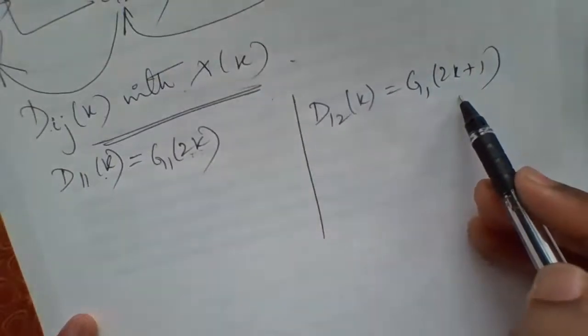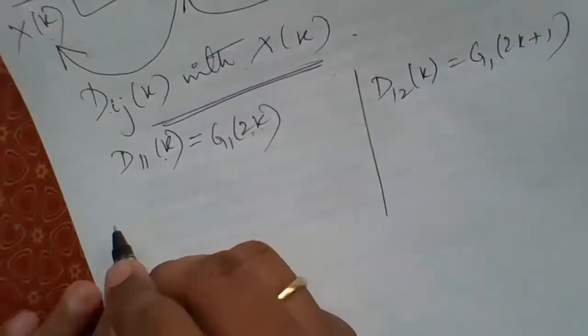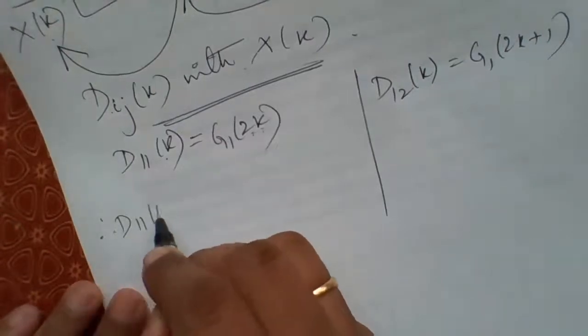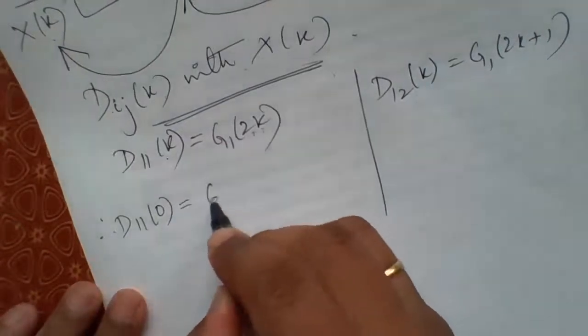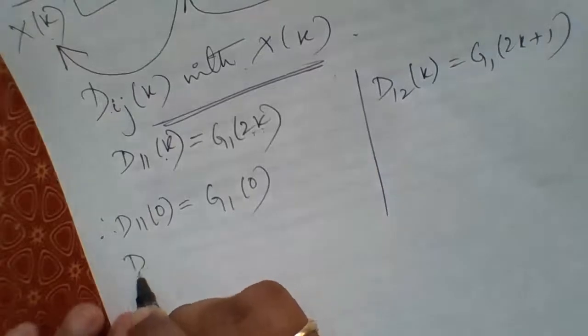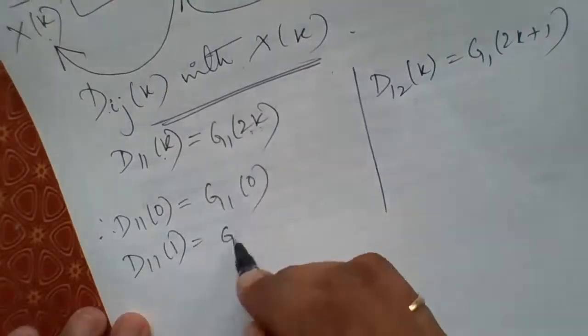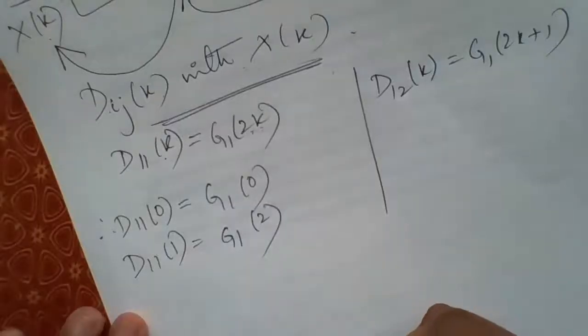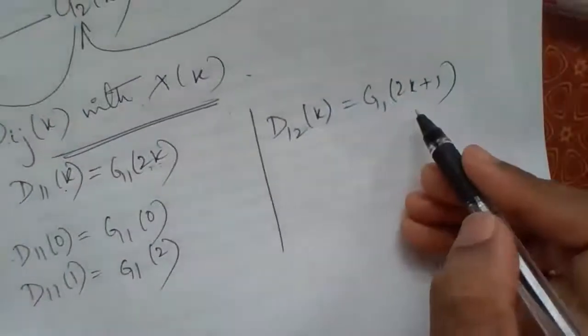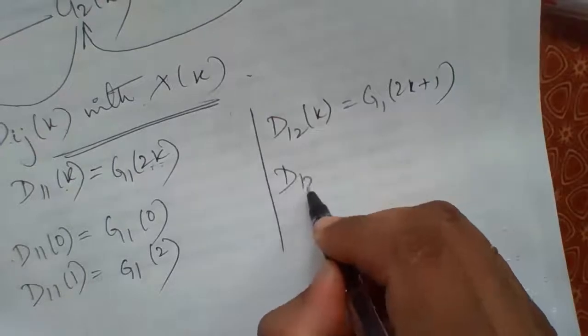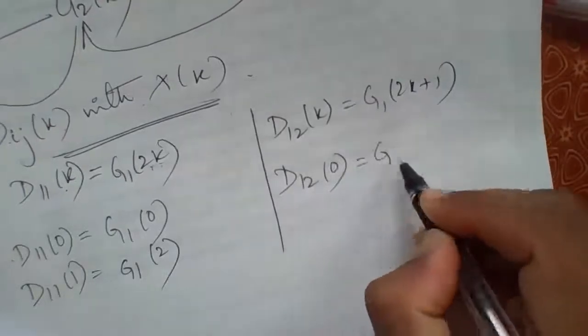So therefore now when I write d11 of 0, it means g1 of 0. When I write d11 of 1, just substitute k equal to 1, it is nothing but g1 of 2. Similarly, coming to the odd part, d12 of 0 means g1 of 1.